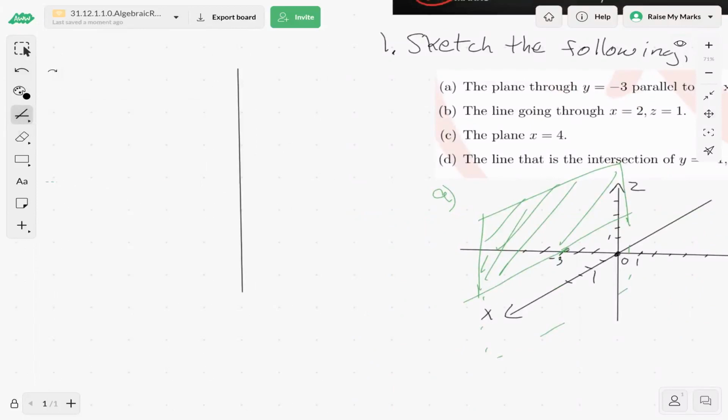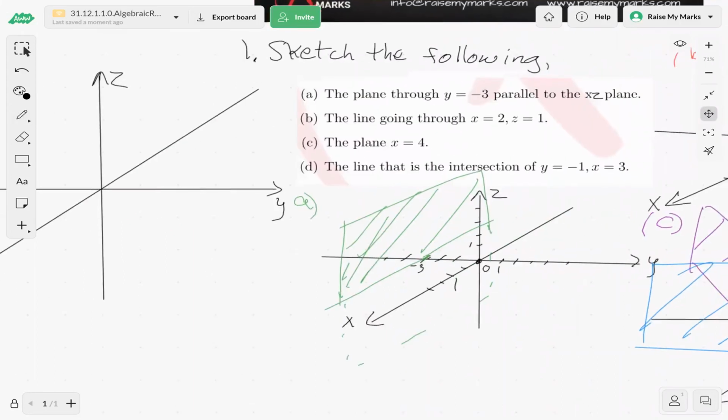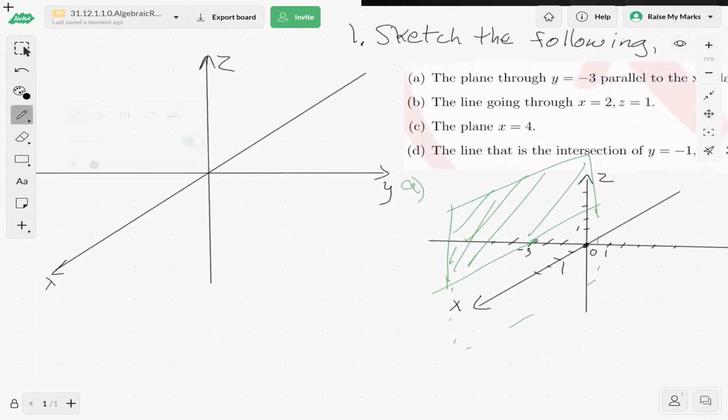It doesn't look quite straight. Let's label our axes, Z, Y, X, and okay, so we need to mark off positive and negative directions of our axes. Let's do that.